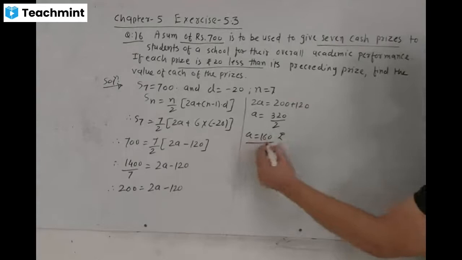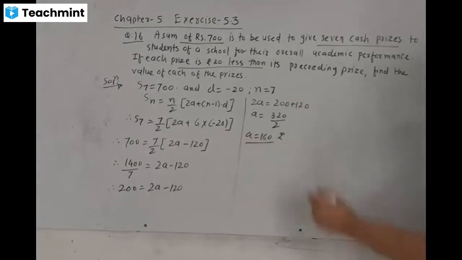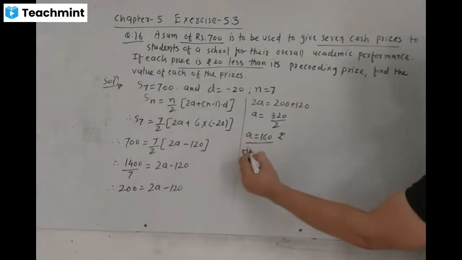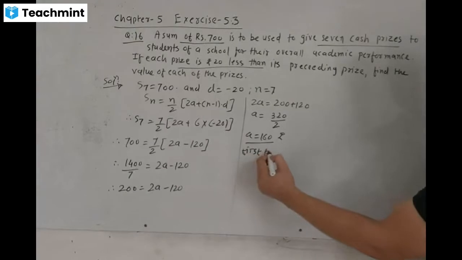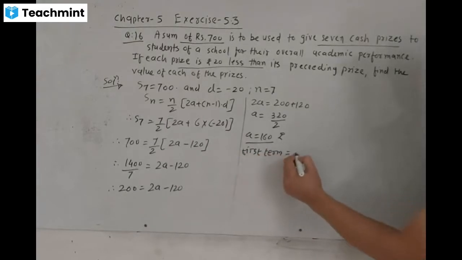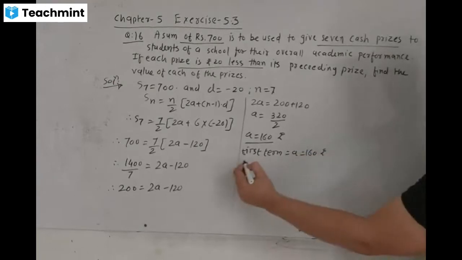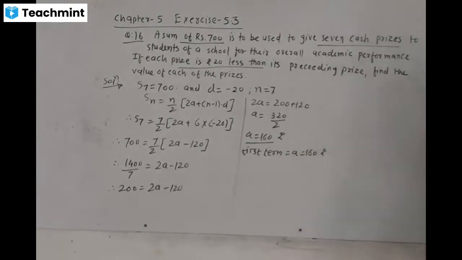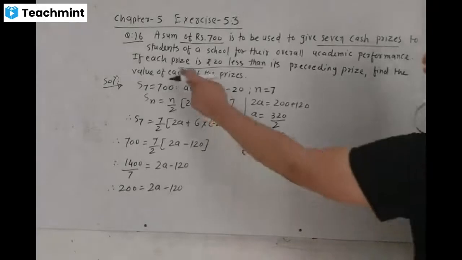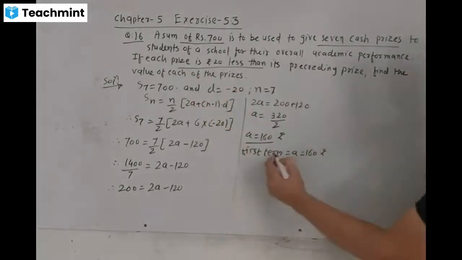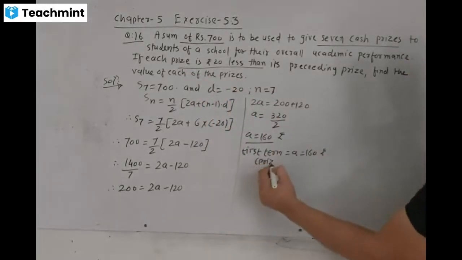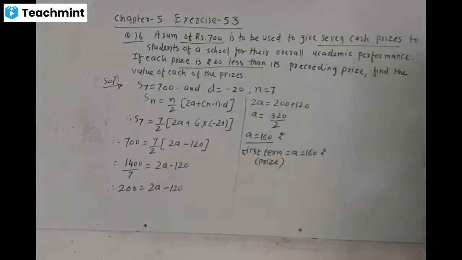Therefore the first term, otherwise the first prize, that is a, is equal to 160 rupees. Find the value of each of the prizes. That means the first prize is rupees 160.